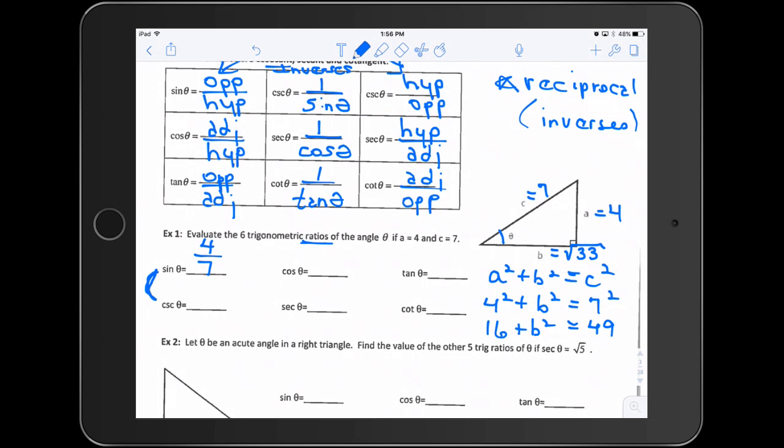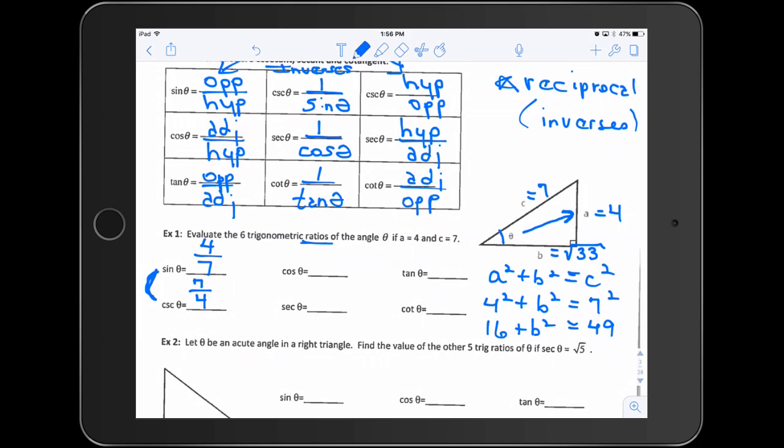These two are inverses or reciprocals of each other. So I can right away just say, hey, then I know this one is 7 over 4, which is hypotenuse over opposite. And again, just a reminder, and you should have this down in your belt, but this is the opposite because it's directly opposite of the angle that we're talking about. But I feel like I have to say it still.